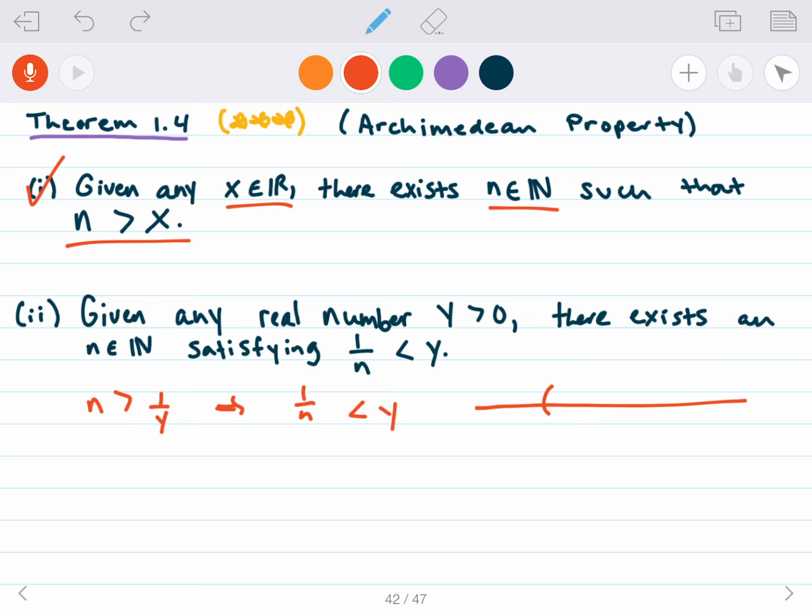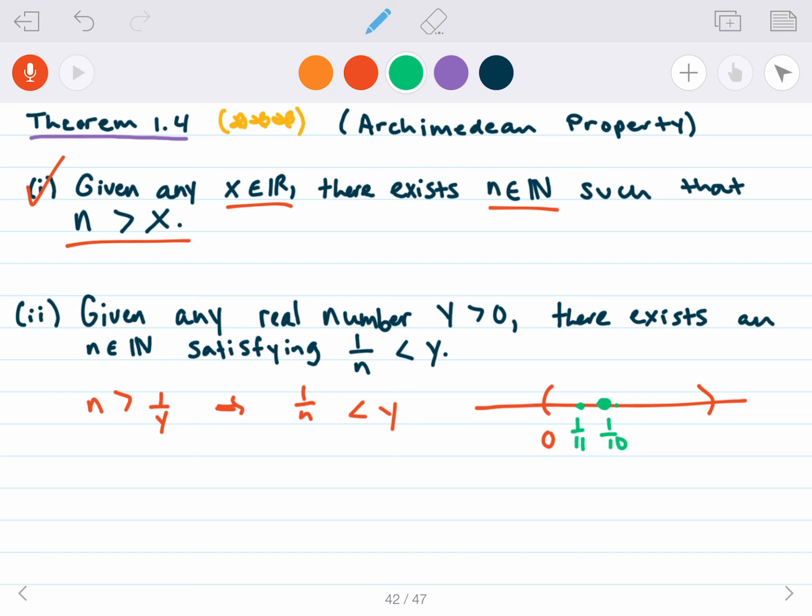If y, let's say that this is 0, right? And maybe this is y. Maybe y is like, I don't know, a 10th or something like that. You can find a natural number such that 1 over n is less than a 10th, right? I can say, well, what about 1 over 11?